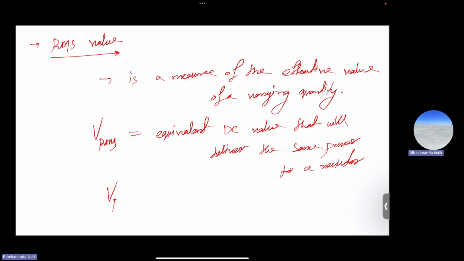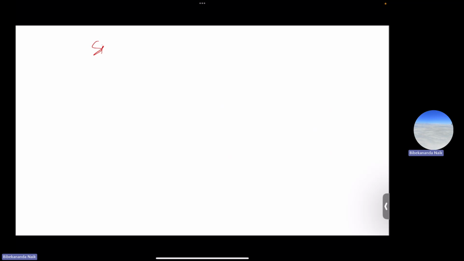So, VRMS is given by the square root of 1 by T integration 0 to T of mod V(t) squared dt. Basically, it is the average value. If you calculate in general for sinusoidal waves, the average of sin squared over 0 to T comes out 1 by 2.